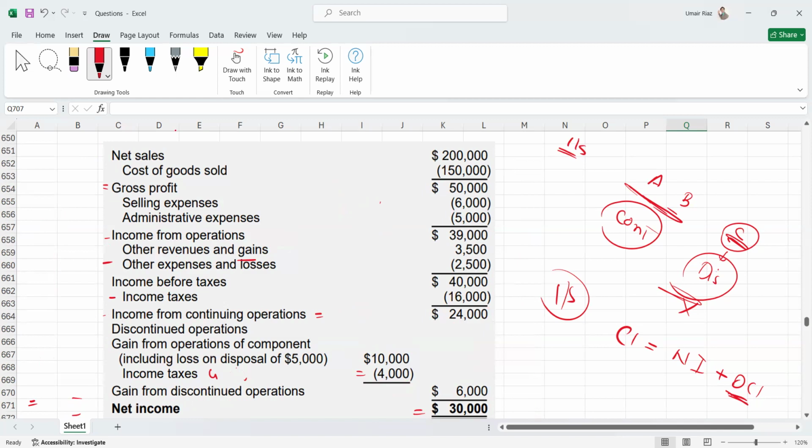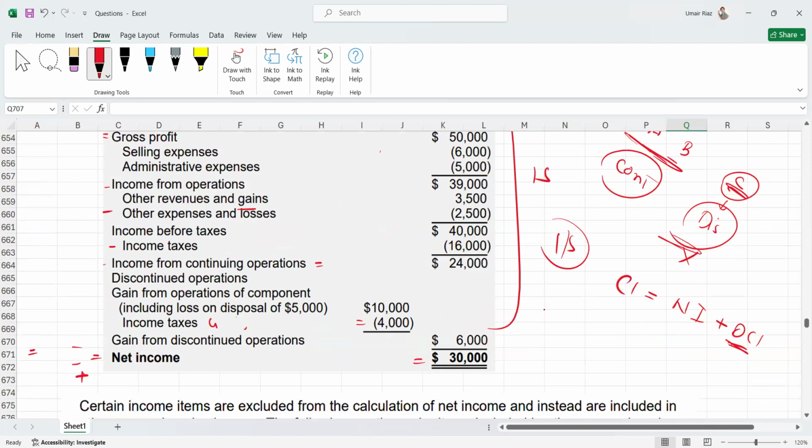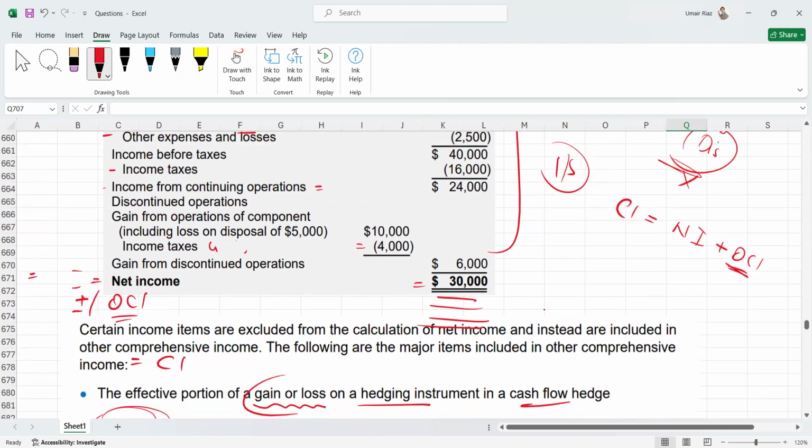Let's assume we write statement of comprehensive income. From net sales till net income, we will go. Actually, it is the income statement, right? And immediately after the income statement, I'll add plus or minus OCI items. Whatever OCI items you have, you will just add, and this equals your comprehensive income. This is called one continuous.